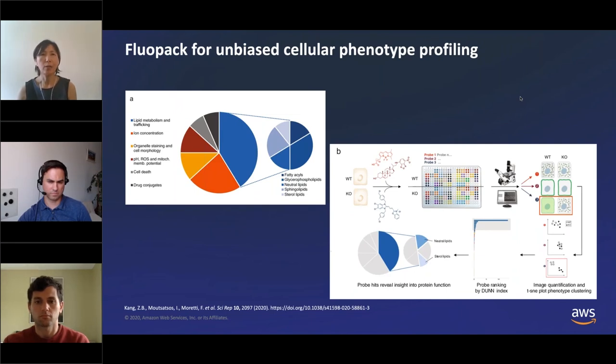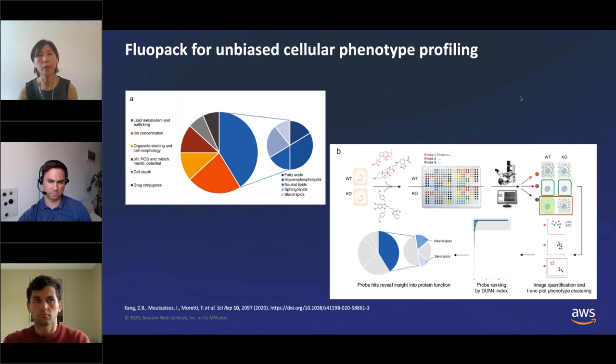So that makes the quantification of those FluorPack images at scale possible. At the same time, we also built an AWS Tiles application that allows for efficient manual inspection of those images, which is very essential for this type of assay because of the need to discover new biology without prior knowledge of what you're trying to look for.